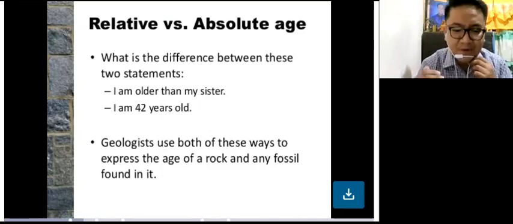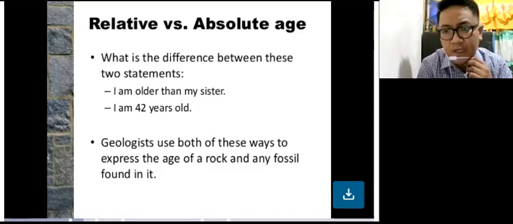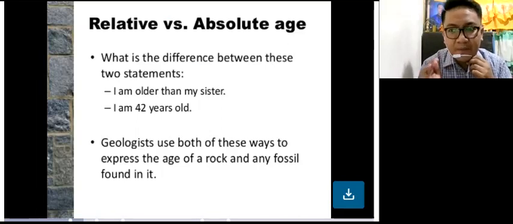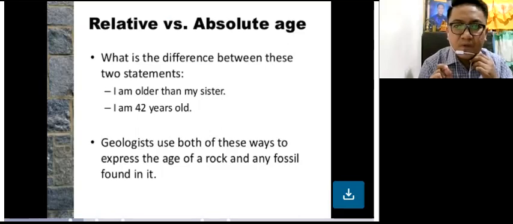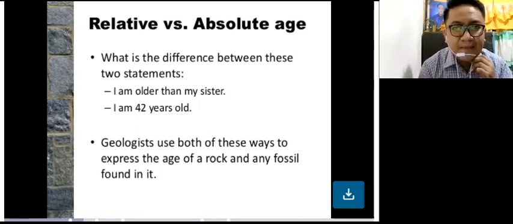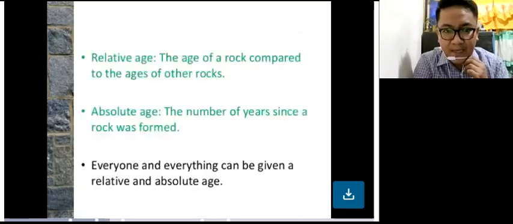Past events daw po. And when you hear absolute dating, it is a method of determining the numerical age of rocks using the radioactive decay. Meron tayong mga different elements po sa rocks, so may mga different minerals tayo na na-identify po doon. So to identify the numerical age of rocks, ginagamitan po siya ng tinatawag natin radioactive decay po.